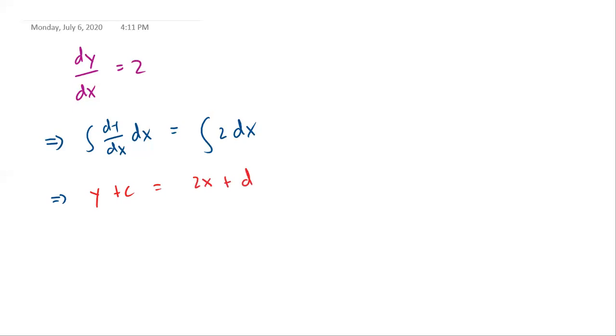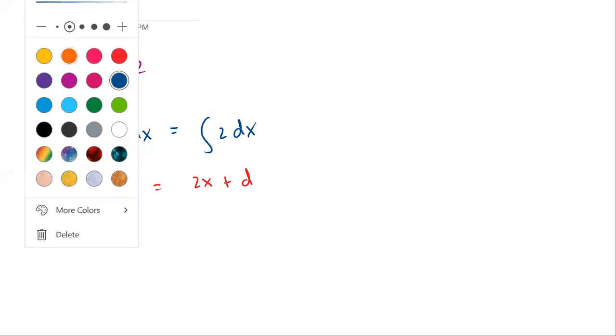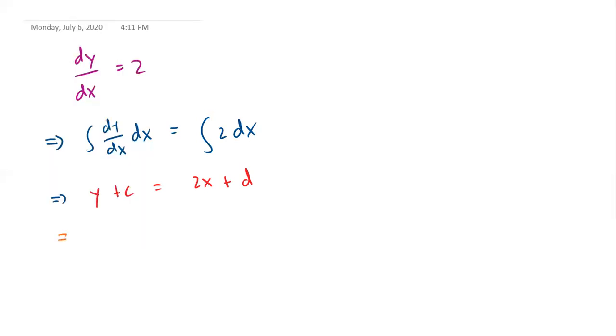Now, the last thing I'm going to do is move the constant, because I want to keep y by itself. Remember, we're trying to solve for y. So I'm going to write this as y equals 2x plus, and I'm going to subtract c from both sides. Now, these constants, d and c, can be any constants.